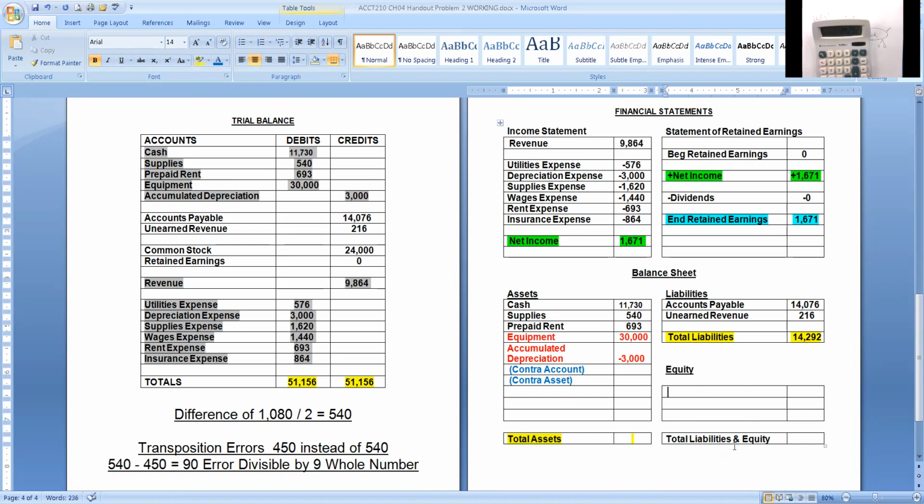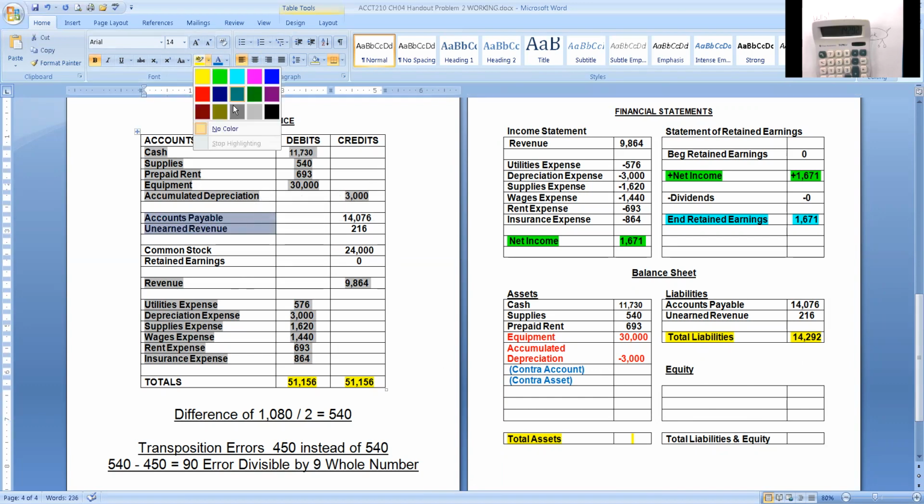Okay, let's go to equity. I'm going to do something wrong here, and you tell me what I did wrong.